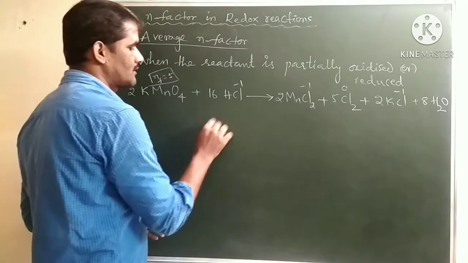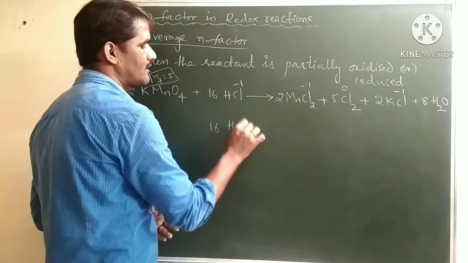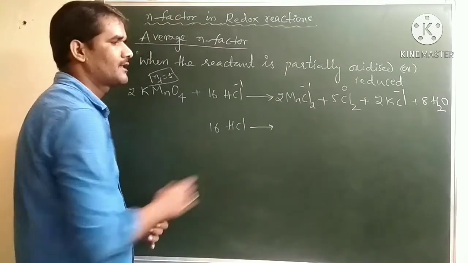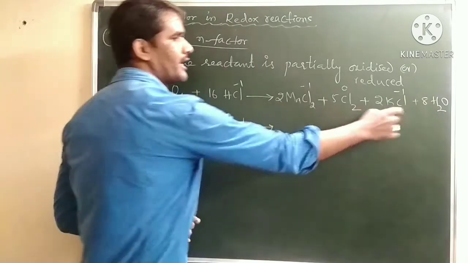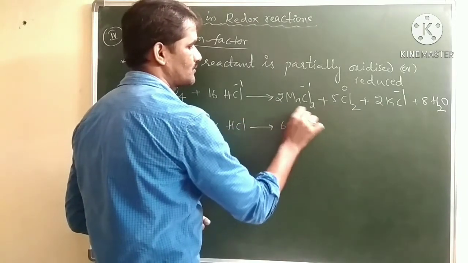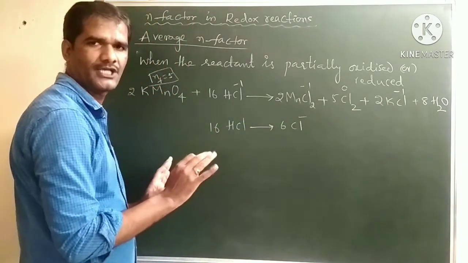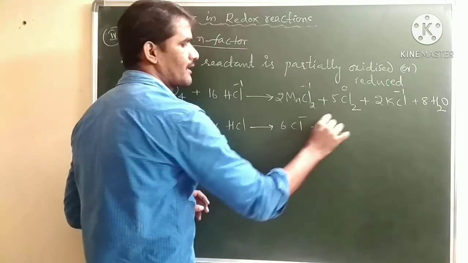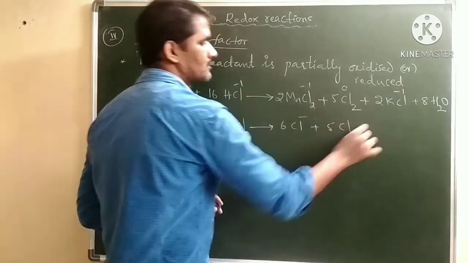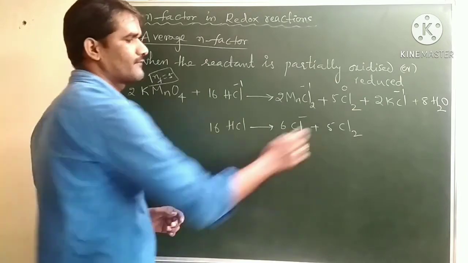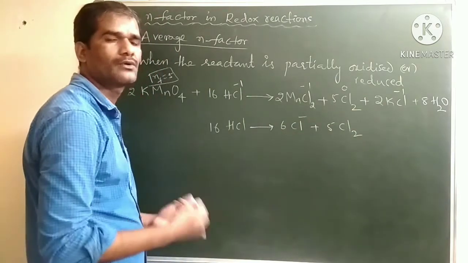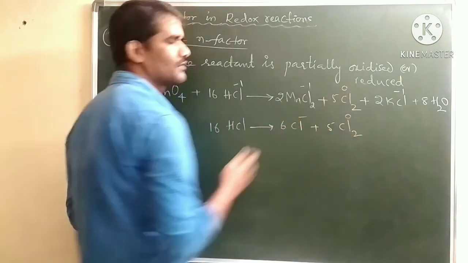Now see, there are a total of 16 HCl. In that, 6 are converting into Cl minus, meaning there is no change, and the other 10 chlorines, which form 5 molecules of chlorine, are converting into zero oxidation state.